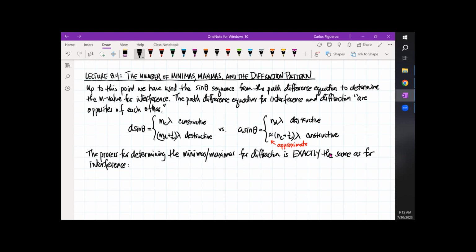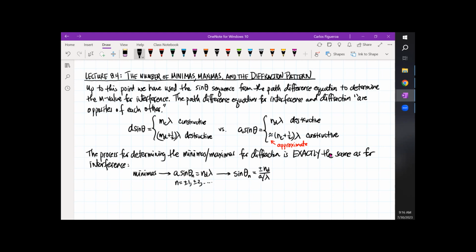And that means that if I look at minimas, then I look at the path difference equation. It reads a sine theta of n equals n lambda, and I know that n is equal to plus or minus 1, plus or minus 2, all integers. Now, if I isolate the sine of theta, I'm then going to get plus or minus n over a over lambda.